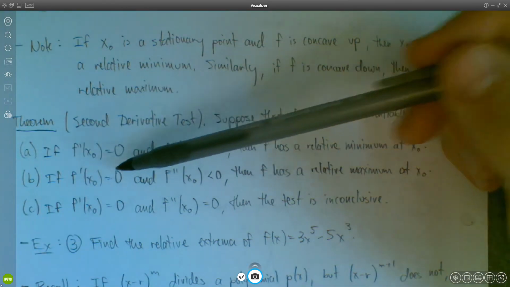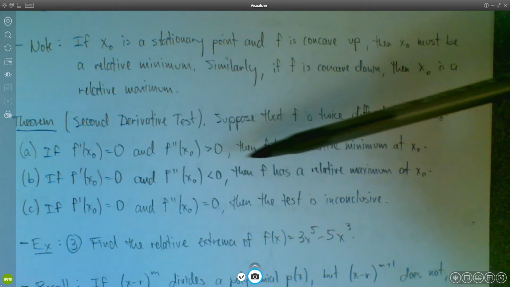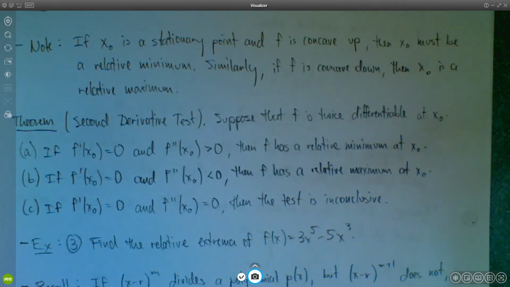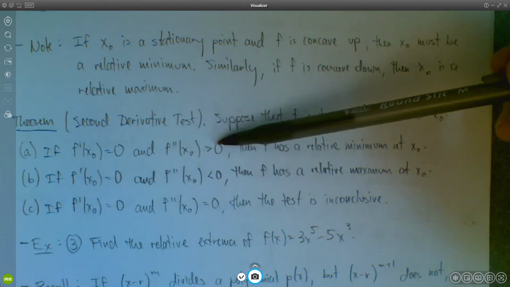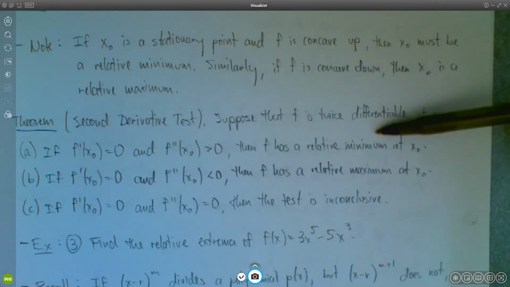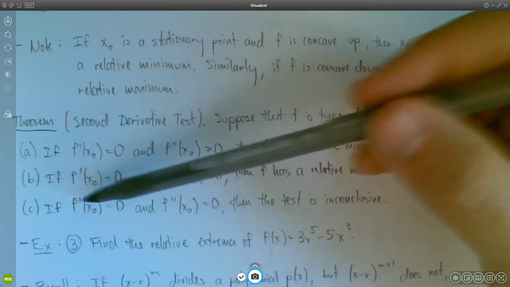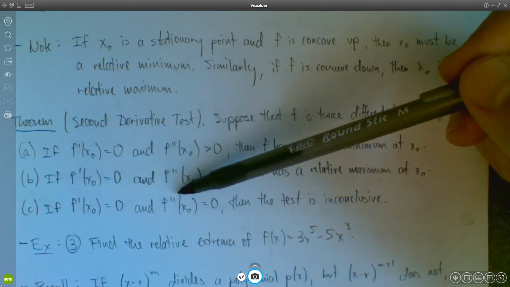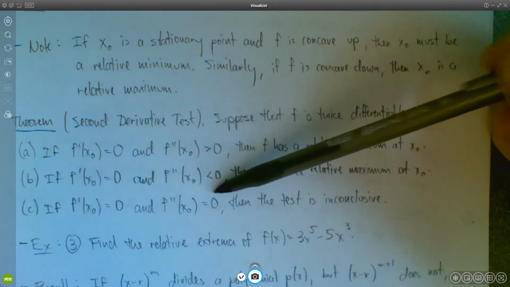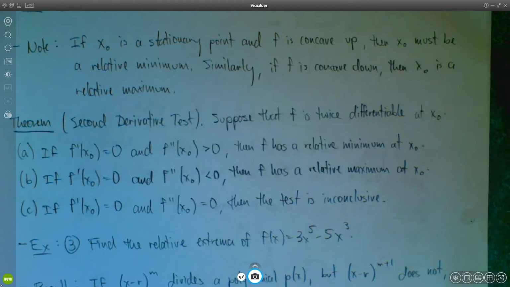If f prime of x0 equals 0 and f double prime is negative, then f has a relative maximum, okay? Because here you're concave up, so you have a minimum. Here you're concave down, so you have a maximum. And then finally, if f double prime equals 0, then the test is inconclusive.